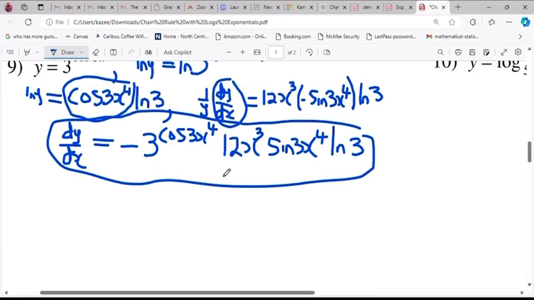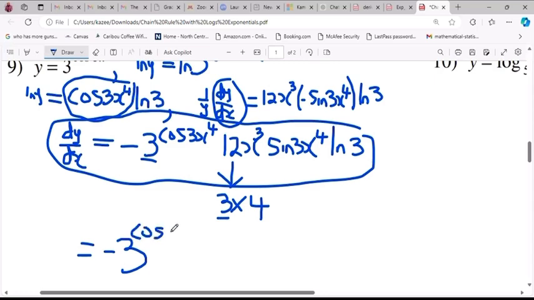If I break 12 into 3 times 4, then one of the 3s here, I can combine this 3 with this 3, so that in the end I can just say, you know what, I got negative 3 raised to the power of whatever that is, cos 3 x 4, plus 1, because of the 3. When I do that, don't forget I'm left with 4.